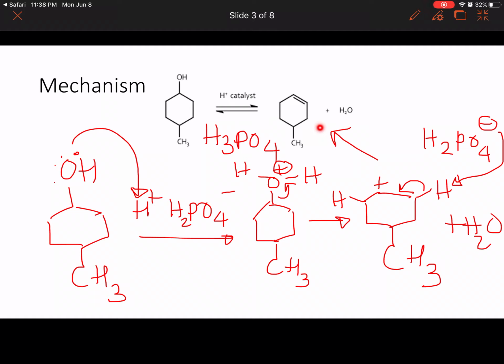Okay. And you can also see the catalytic action: the hydrogen that we used to make the water molecule fall off is regenerated at the end. So you can see how the phosphoric acid acts as a catalyst. Since one of our products is water, as more water is formed, the acid is going to dilute. So we need to make sure that the reaction will proceed forward.